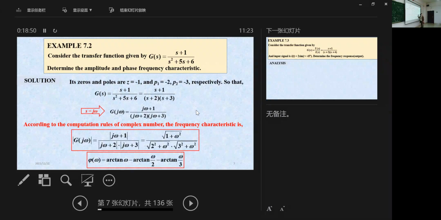For this part, it's the square root of 2 squared plus omega squared. And this part is the square root of 3 squared plus omega squared, all multiplied together.